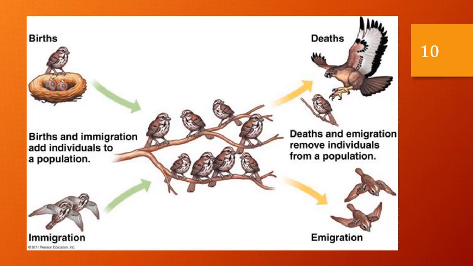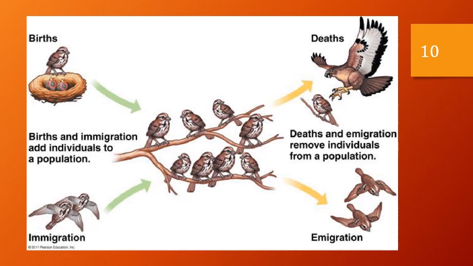So if we try to look at this illustration, we can identify the difference between natality, mortality, as well as immigration and emigration. So when we say immigration, ito yung pagdating in a particular location or a territory, and kapag emigration, ito yung pag-alis. Okay?